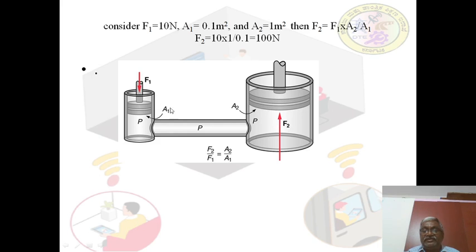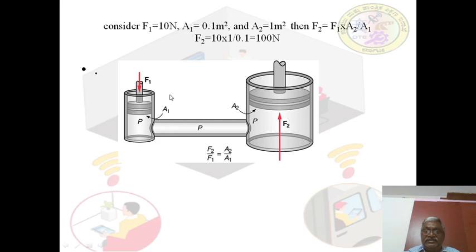F1 by A1 equals F2 by A2. By simplifying that, we get F2 by F1 equals A2 by A1. Therefore F2 equals A2 by A1 into F1. F1 is 10, A2 is 1, divided by A1 which is 0.1. So here also we get the upward force F2 as 100 Newton.